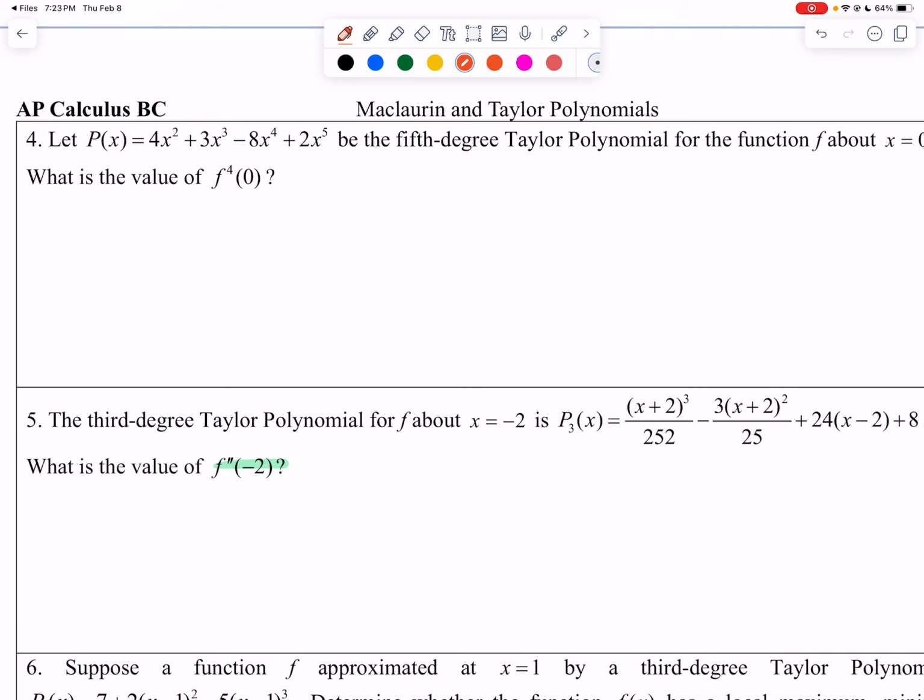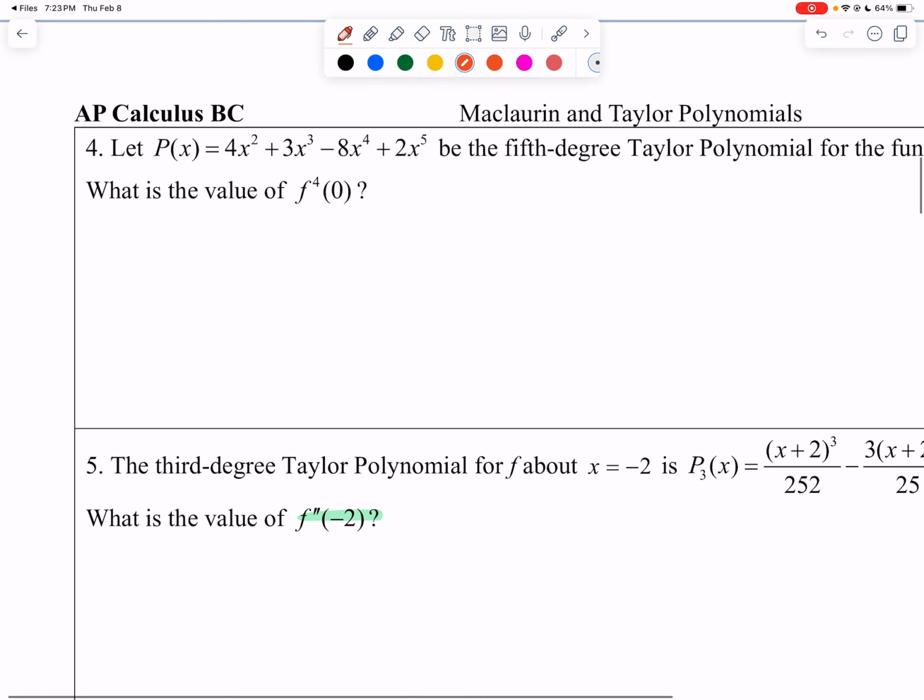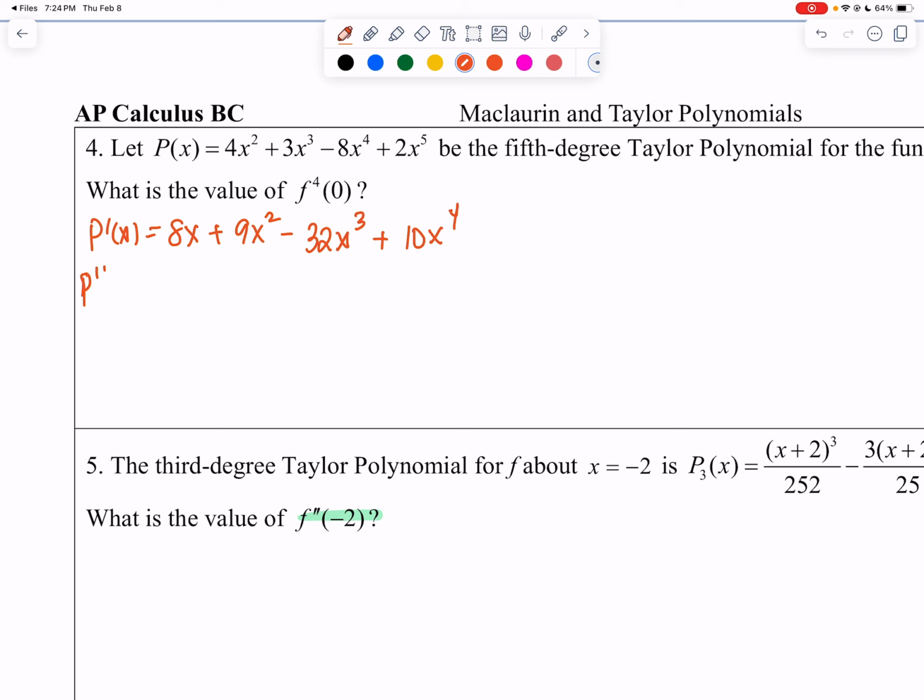I'm going to show you the long way, aka the old-fashioned way, aka me just straight up taking the derivative 4 times. So my first derivative is that lovely thing right there. My second derivative, okay, 32 times 3. I did not do this. That's 96.